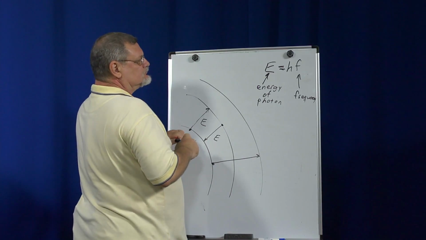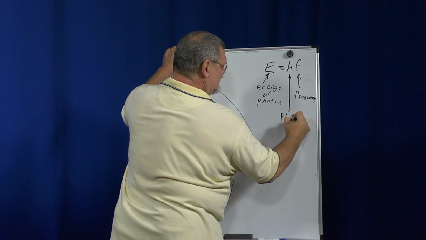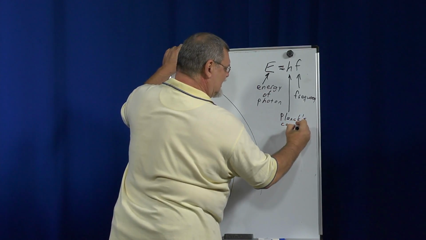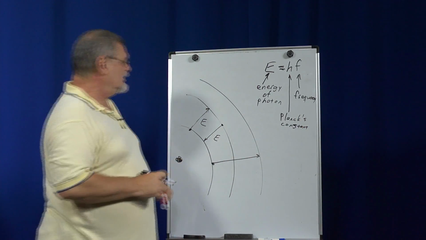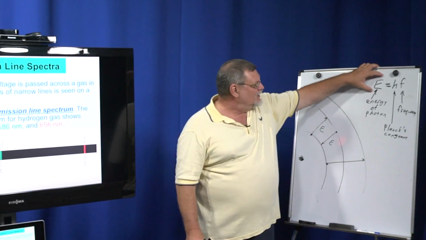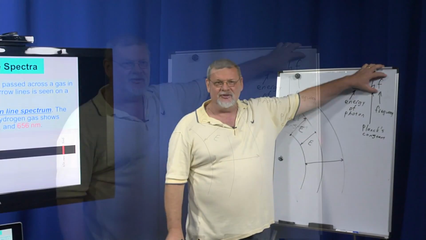And this is Planck's constant. Don't worry about it, it's just a number. I will give that to you. It will be there for you to use. What I'm trying to say here is you can see that the amount of energy it gives off is directly proportional to the frequency.